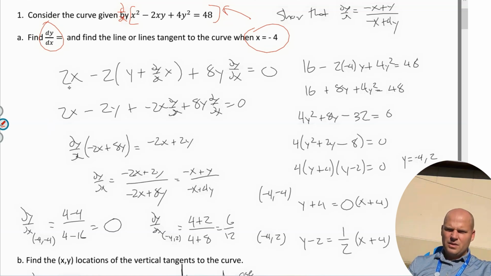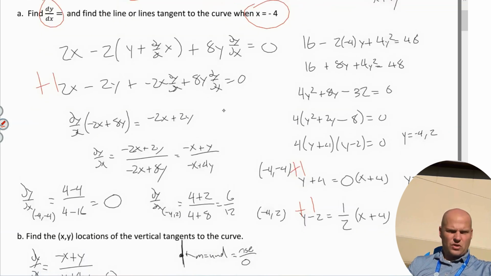Then probably a point for each of the two equations, making sure you have the plus or minus, making sure you find the slopes, etc., etc.